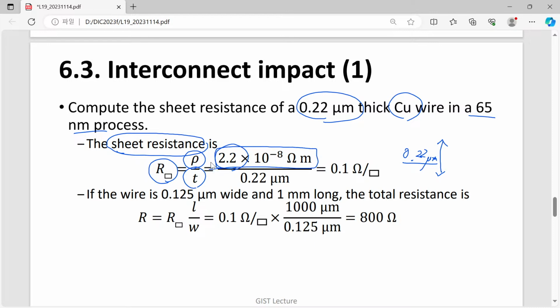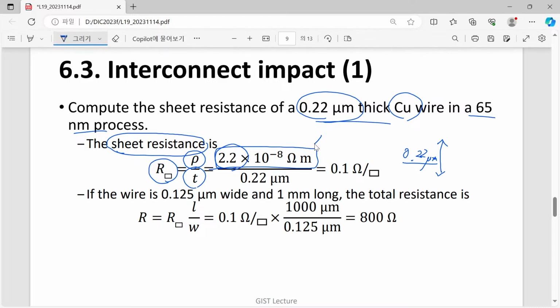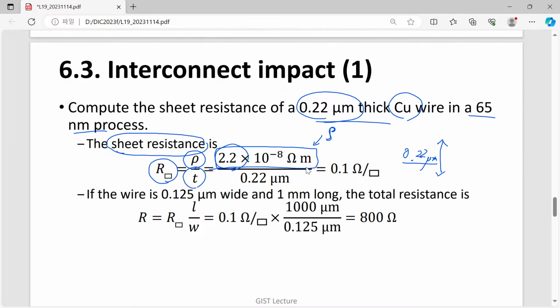As you can see, even though this is a material parameter, sometimes it can vary quite a lot, so please understand the situation. But anyway, for this case, they assume that this is the resistivity of our copper metal. Then now we have the thickness, and from this we get this value of sheet resistance.